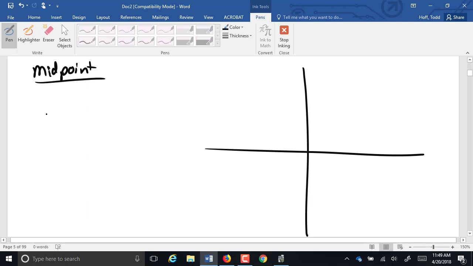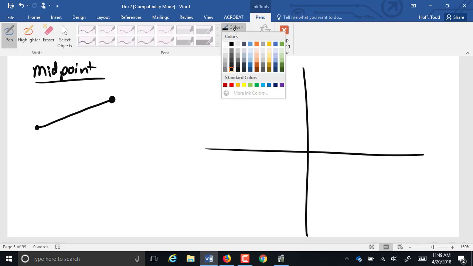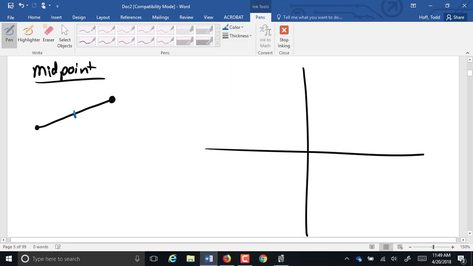So midpoint, a midpoint is defined on any segment of a line segment, to be the point on that segment that cuts it into two equal pieces. Now, if this were a little bit more advanced class, we would talk about vectors and components.